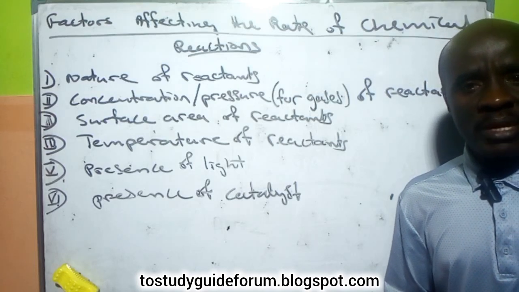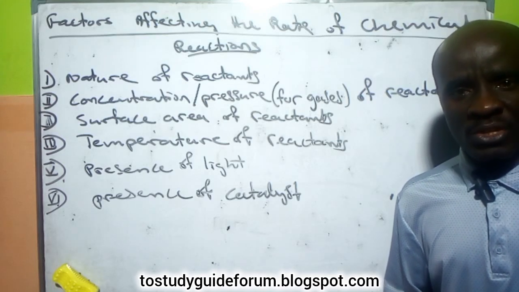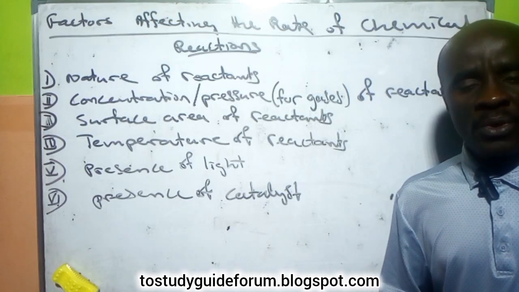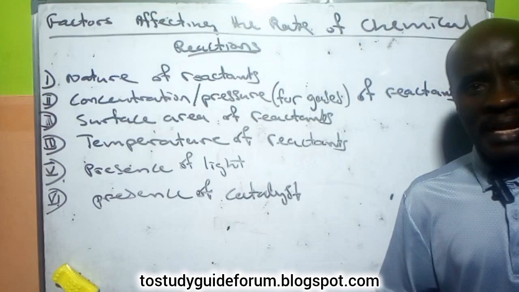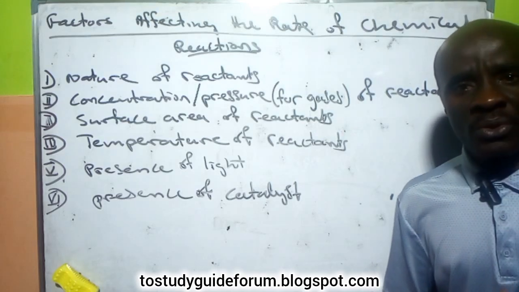That is what we mean by rate of chemical reaction. For any quantity of the reactant that is used up in a chemical reaction over time, we use that to assess the rate of chemical reaction.